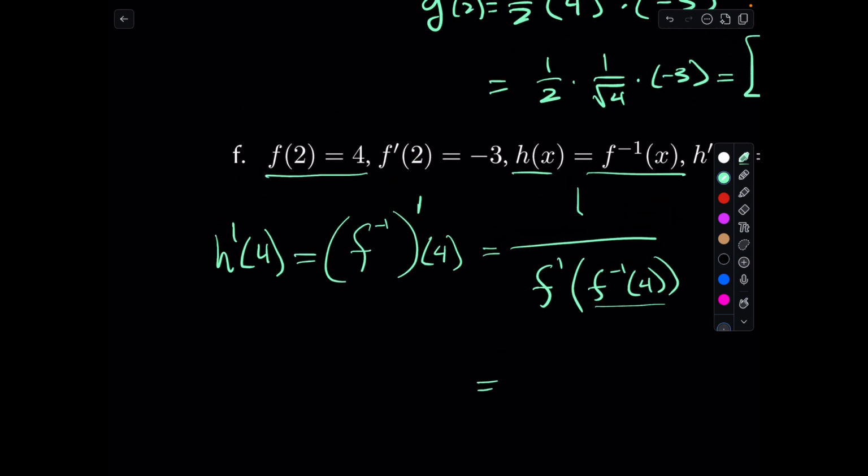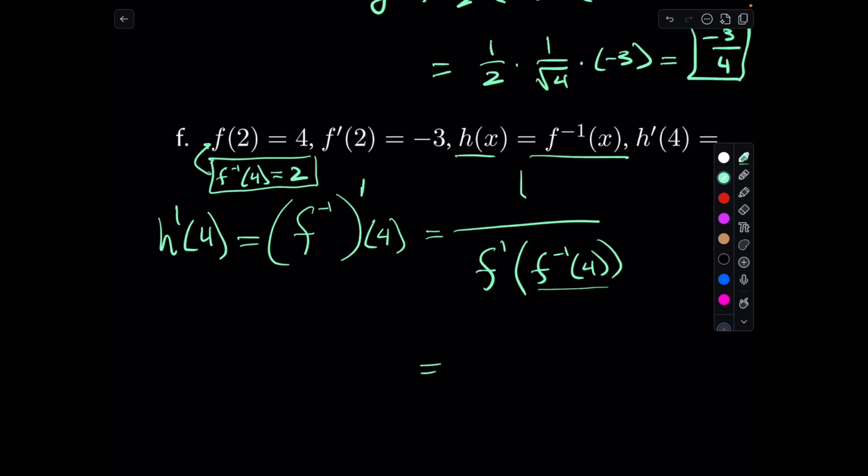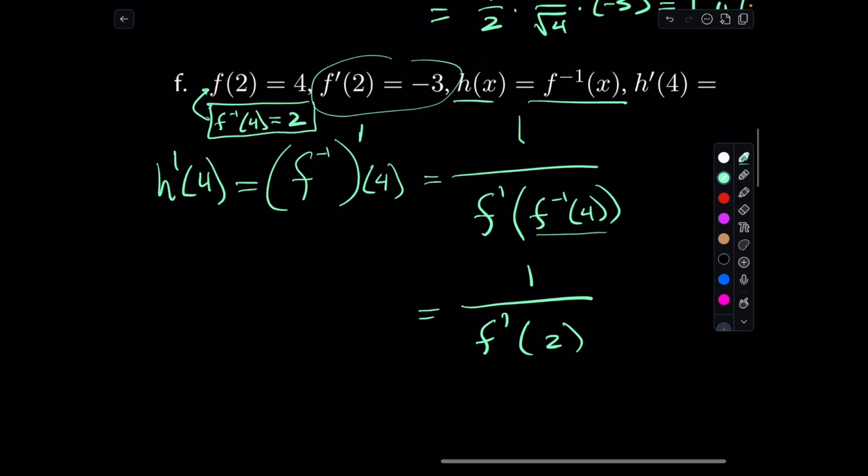Since f of 2 is equal to 4, that means that f inverse of 4 is equal to 2. That's what inverse function means. So this will be 1 over f prime of 2. And then we can look up f prime of 2 is negative 3. So that's going to be 1 over negative 3.